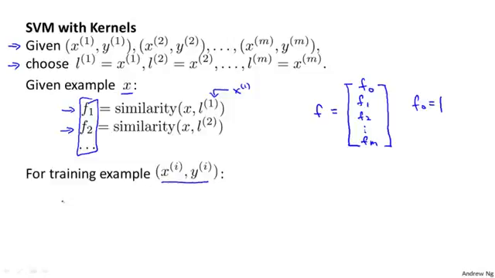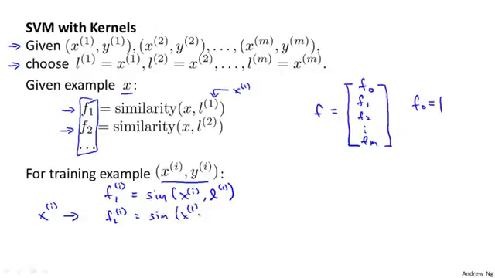So for example, if we have a training example xi comma yi, the features we would compute for this training example would be as follows. Given xi, we would map it to f1 superscript i, which is the similarity, abbreviated as SIM instead of writing out the whole word similarity, between xi and L1. And f2 superscript i equals the similarity between xi and L2, and so on down to fm superscript i equals the similarity between xi and Lm.